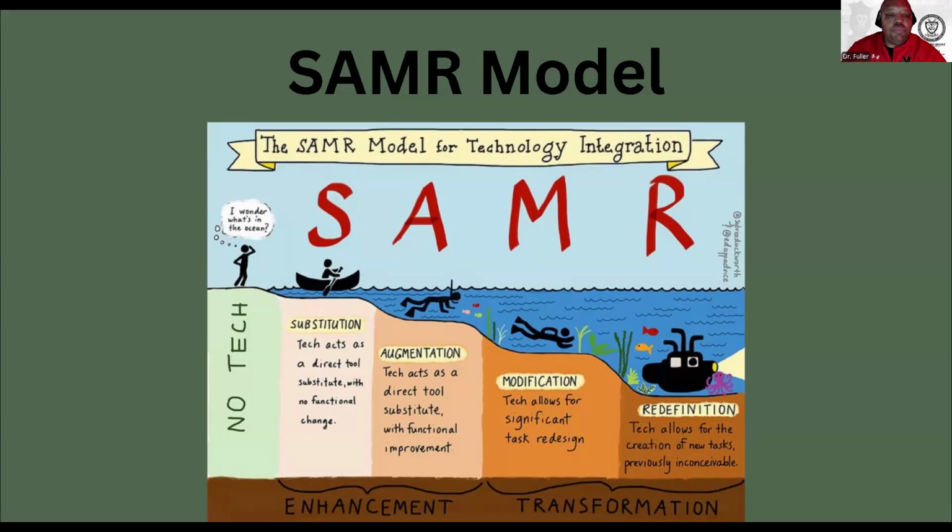Substitution is when technology acts as a direct tool substitute with no functional change. A kid can read a book in a textbook. A kid can also read a book on a laptop with a PDF or ebook. There's really no functional change, and in some instances the technology is not as effective as the more analog or traditional situation.